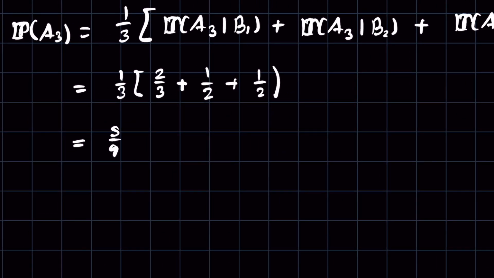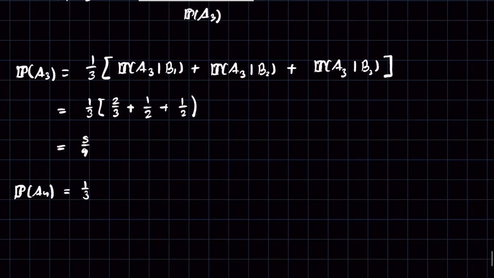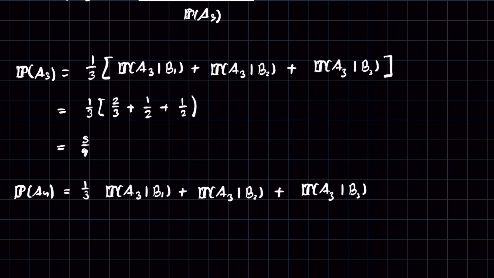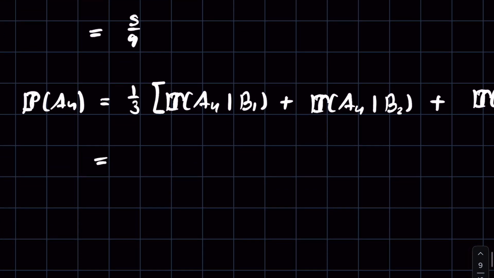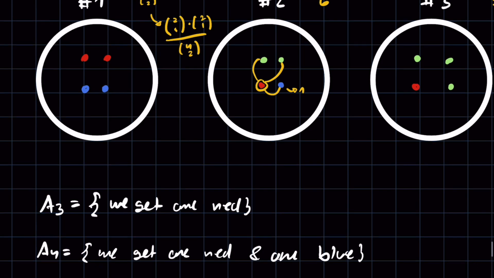We do the same situation for PA4. It's going to be 1/3. Same thing. So we take this guy, we take this guy, and we know for a fact that some of these are going to be equal. So we know that this is 2/3 as well, because it makes no difference as we have only red and blue balls.